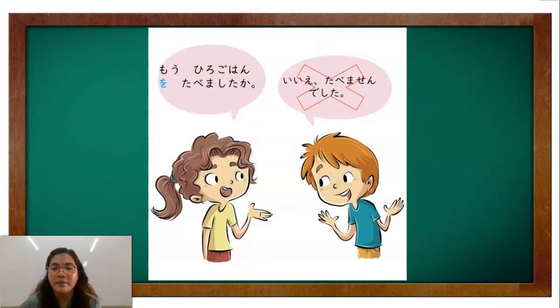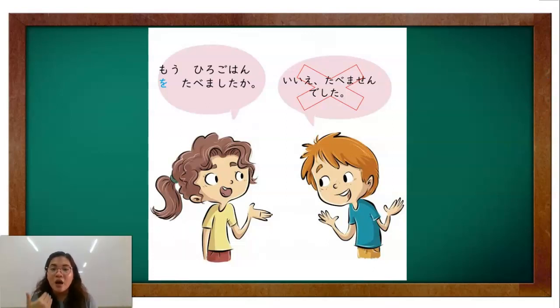Here's an example for that. Mo, hiru gohan o tabemashita ka? Kumain ka na ba ng tanghalian? Did you already eat lunch? Iie tabemasen deshita. Okay? Iie tabemasen deshita is wrong. Simply na hindi mo ginawa si bagay. Hindi ka talaga kumain.